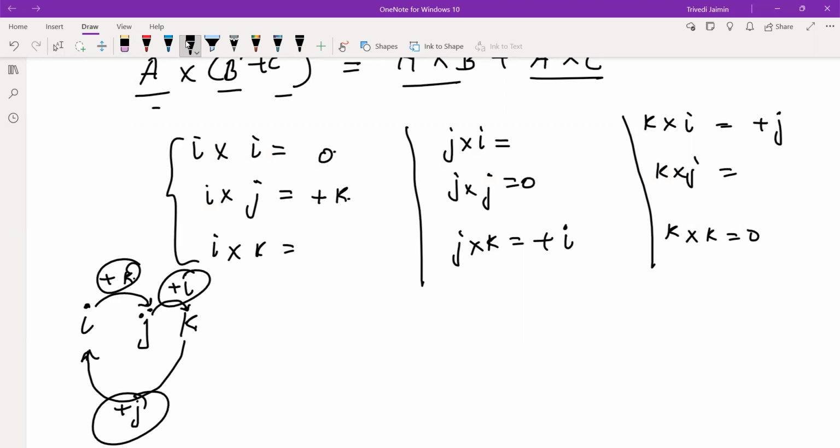Yes, sir. k cross i is plus j. So k cross j is minus i. Then j cross i, minus k, and i cross k, minus j. So if you remember these three, it's done.